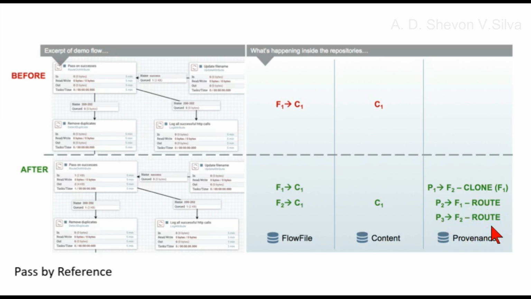Each of these events has a pointer to the relevant content and contains a copy of the respective flow files in the form of a snapshot.